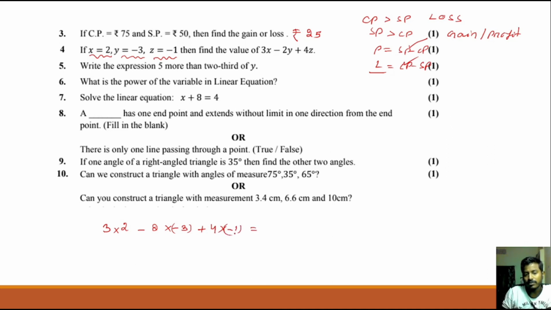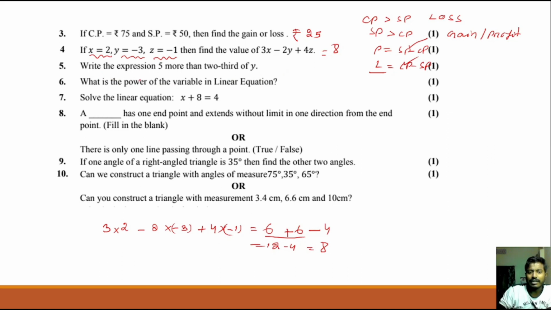Now solve. 3 twos are 6, minus into minus is plus, 3 twos are 6 plus, minus into minus, 4 ones are 4. 6 plus 6, that is 12, minus 4, that is 8. So answer is 8.